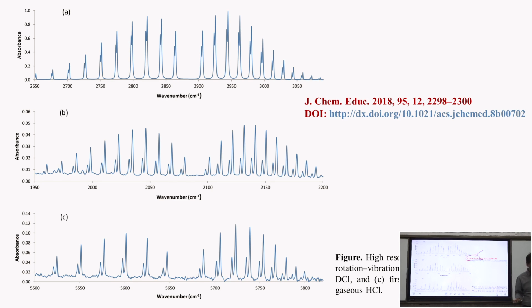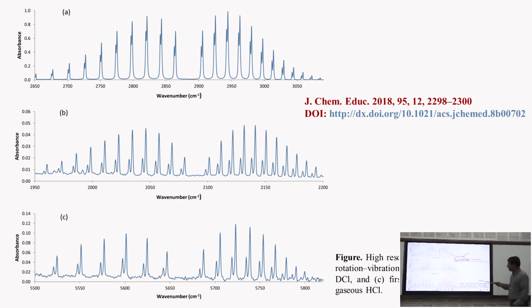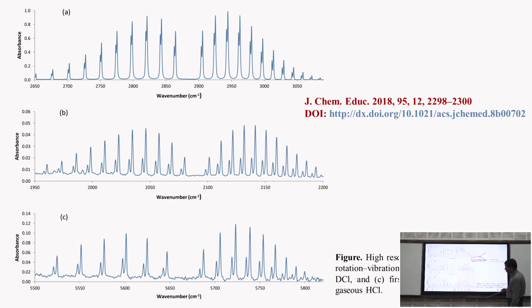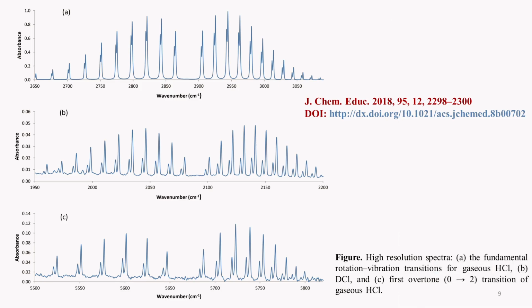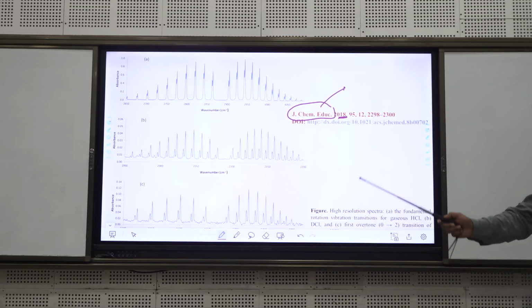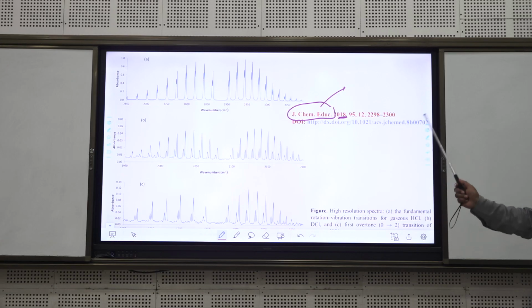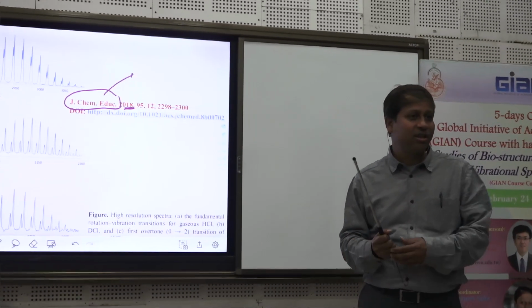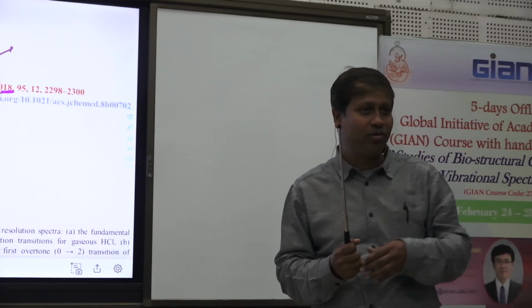The Journal of Chemical Education is a very popular ACS journal, mainly to educate students. It was reported by a researcher from Johns Hopkins University, a top-ranked university.